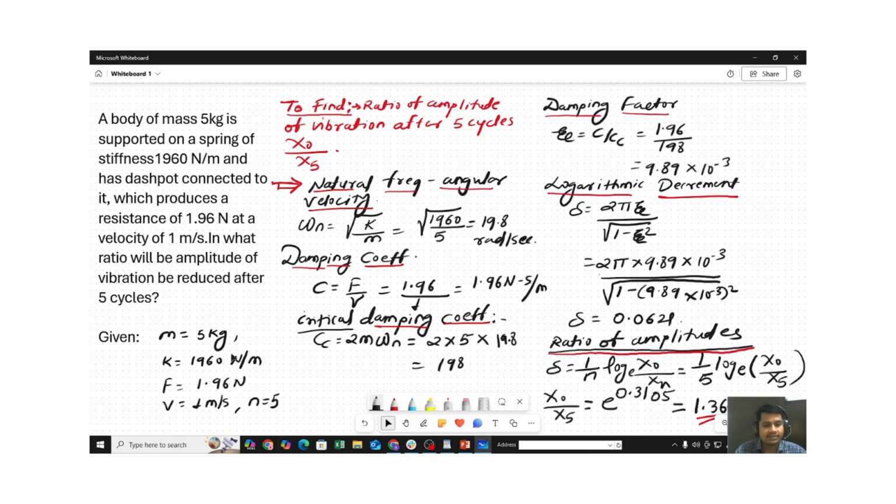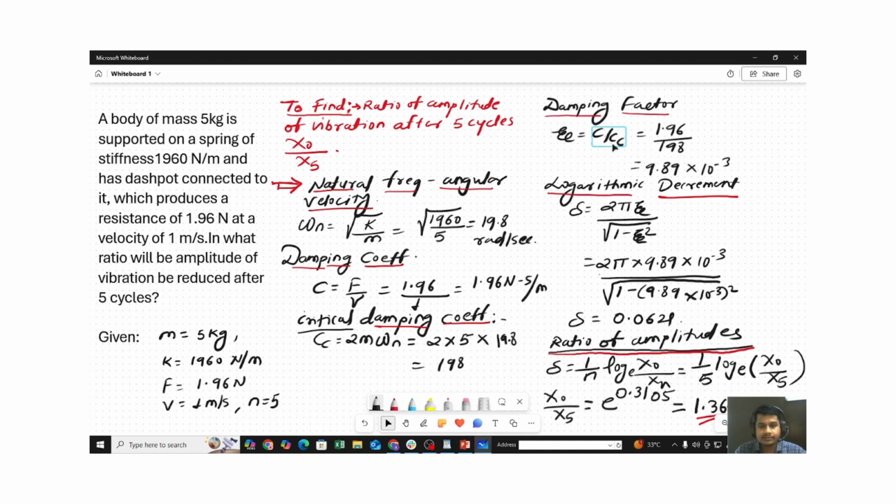For finding the critical damping coefficient, Cc is equal to 2 into m into omega n. So just replace the values: m is equal to 5 kg and omega n is 19.8. We put them here, and we get the value of Cc, that is 198.